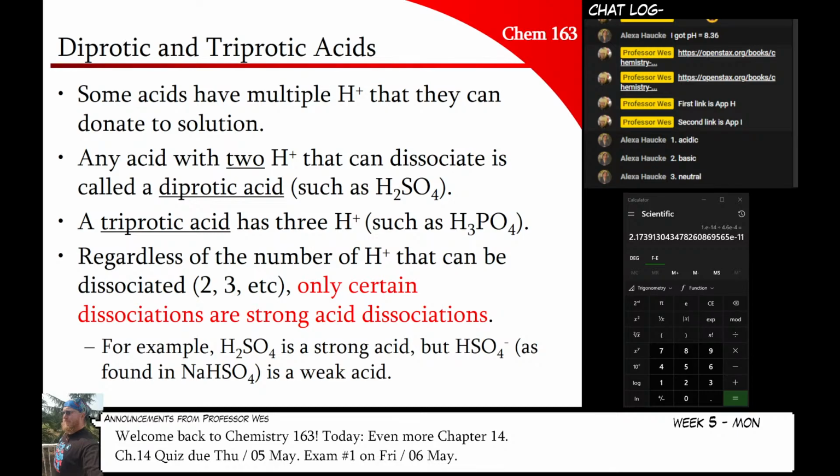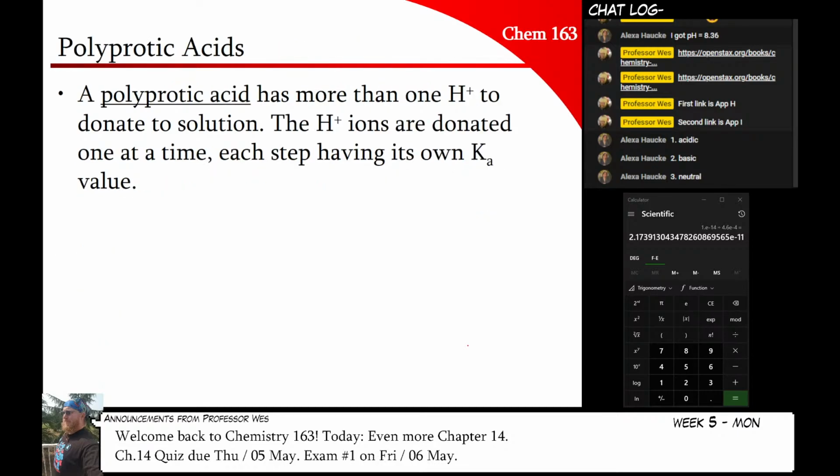If I looked at phosphoric acid, the first dissociation is a weak acid, the second one is weaker, and the third one is weaker still. So we're going to look at all of these dissociations, and we're going to arrange them by their strength, and then we'll decide which ones to consider. In every circumstance, except for sulfuric acid, which is so strong that it's kind of the unique case, we're really only going to care about the first H plus donated by the first step, because it's going to have the biggest Ka.